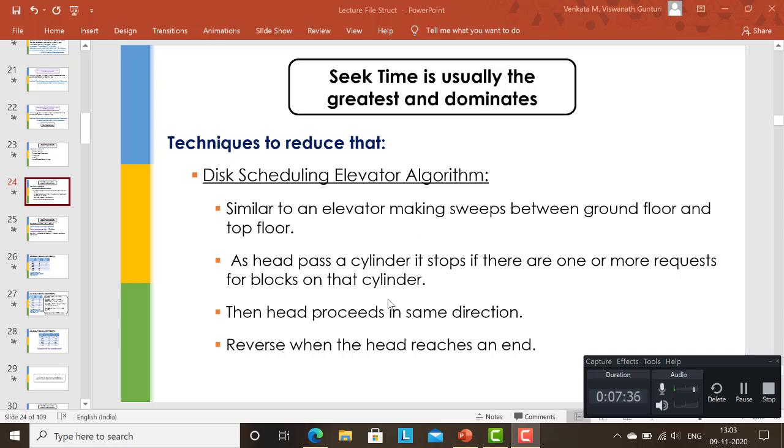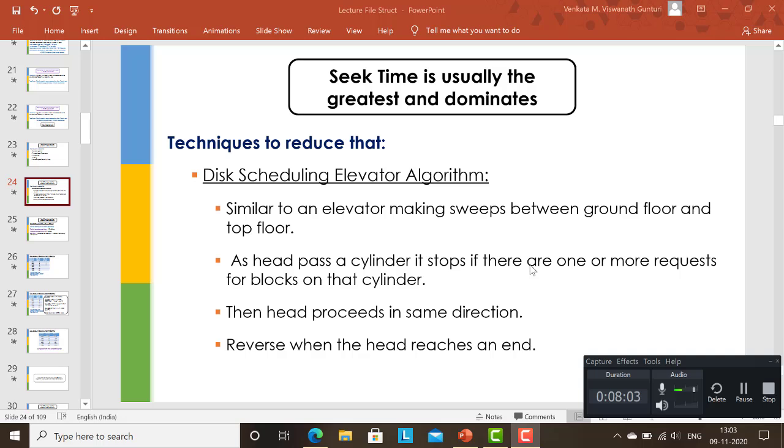It keeps making sweeps. As it is sweeping over a cylinder, it will check if there are any requests which correspond to that particular cylinder. Let's say it is going from cylinder 0 to cylinder 10,000, right? As it is going towards the higher cylinder number, it will check.